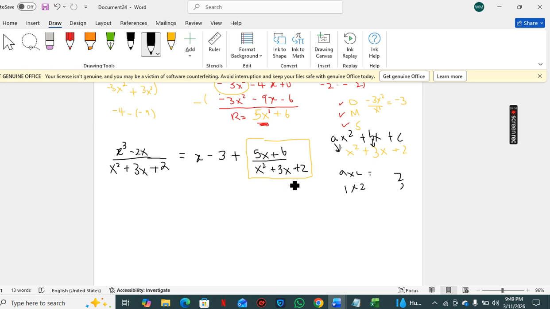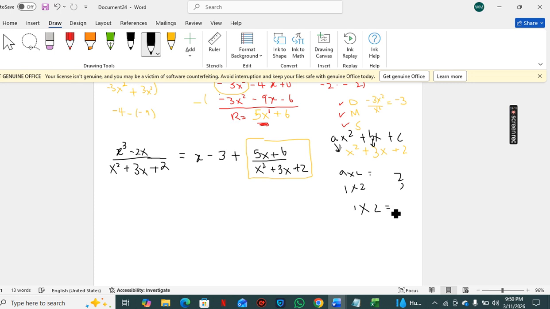What are these factors? Yes, sir. You are saying when adding them, they should give us 3, and when we multiply them, they should give us 2. One and 2, madam.